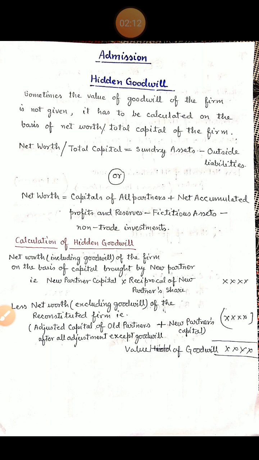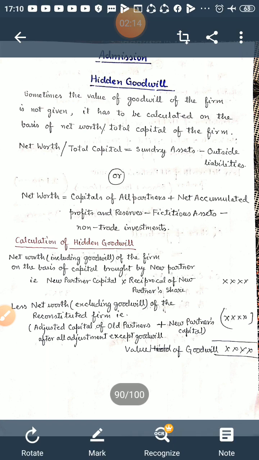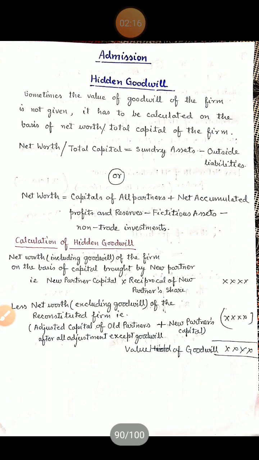It's simple, and this is the accounting equation: net worth or total capital equals sundry assets minus outside liabilities. It has relevance to discuss it here, although you know it very well that this is nothing but the accounting equation you studied in the accounting equation chapter.